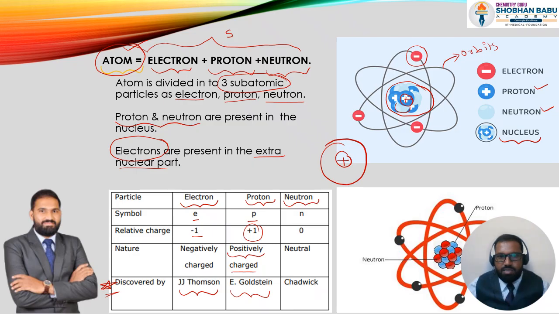The neutron is represented with N, and as it is neutral, there is no charge. It was discovered by James Chadwick.